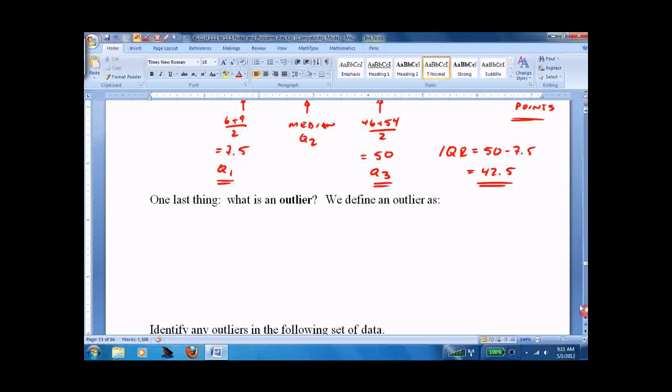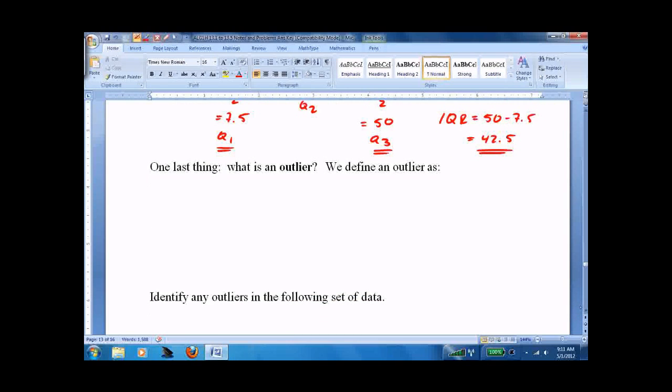So, practice makes perfect. Not too much to worry about. Give it a shot. Last thing, what's an outlier? Generally speaking, an outlier is a data point that is off the charts.